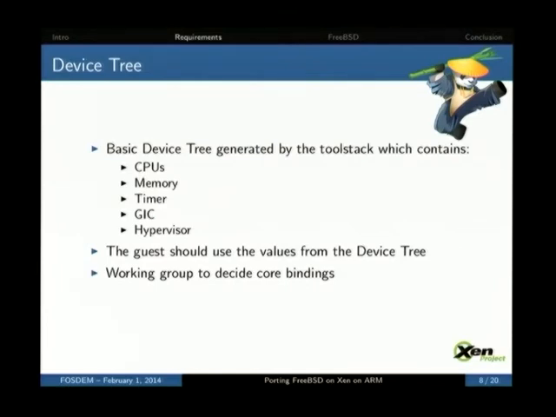So once you have started your guest, you need to discover the hardware. To discover the hardware, we use device tree. When Xen creates a new guest, it will generate a small device tree which contains some information like the CPUs, so the number of CPUs, the memory, where the memory is, the timer, the GIC, so the interrupt controller, and a hypervisor node that describes what needs to be done for Xen.